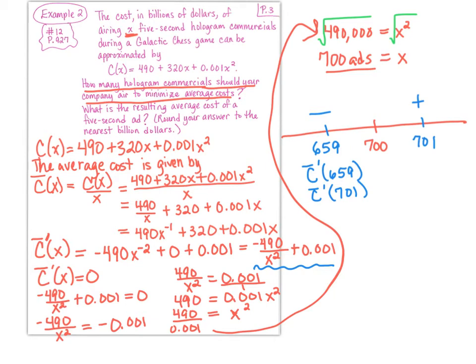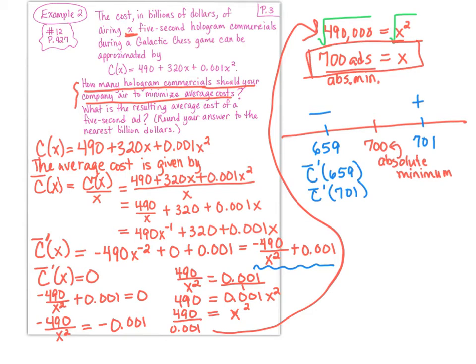In fact, that's our absolute minimum. So 700 is our absolute minimum. We were asked how many holograms, so 700. That's one part of our answer, from the absolute min.